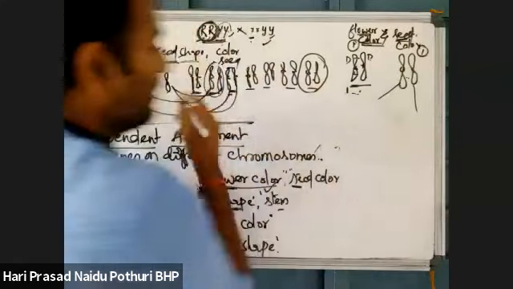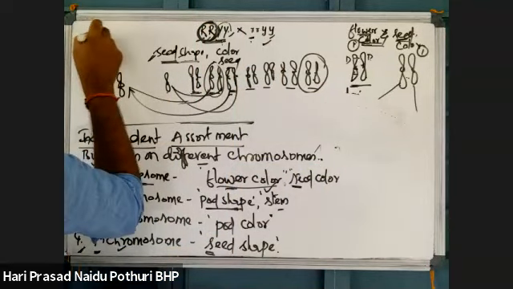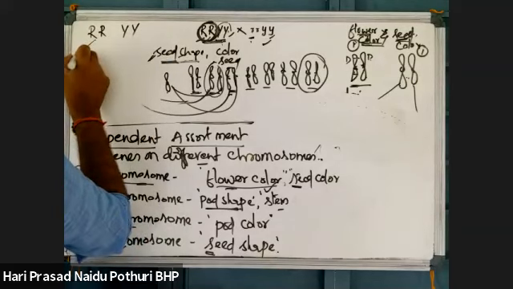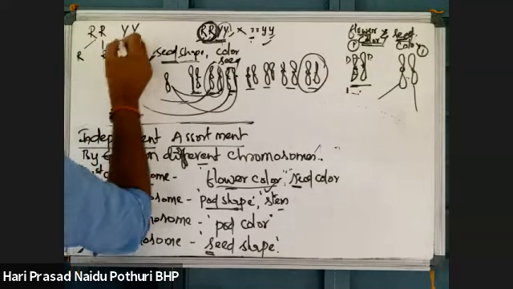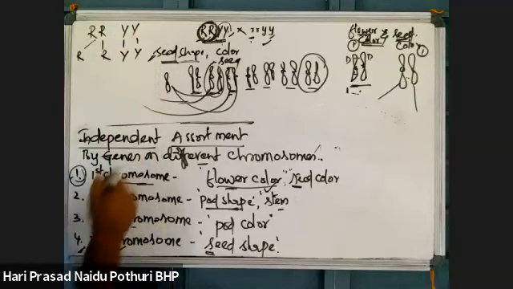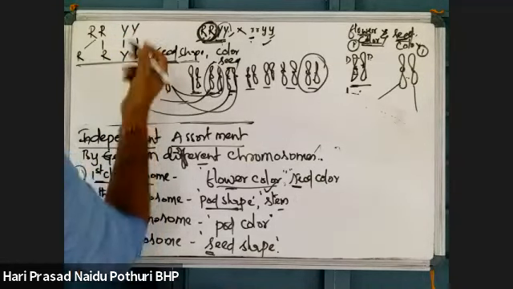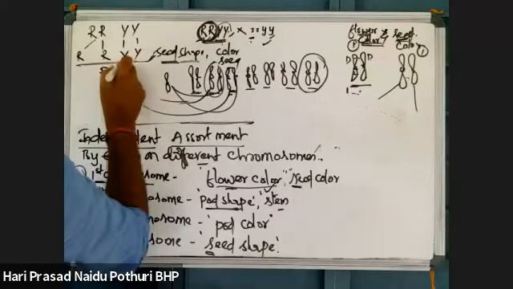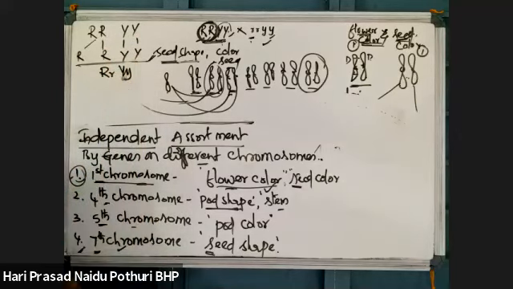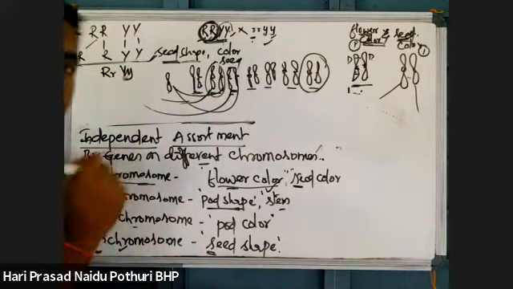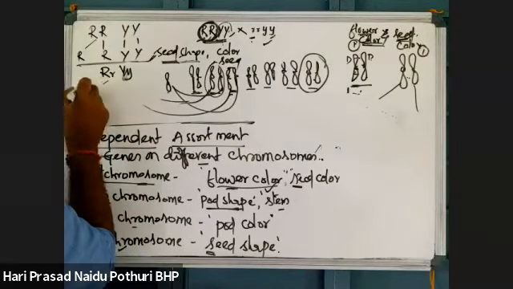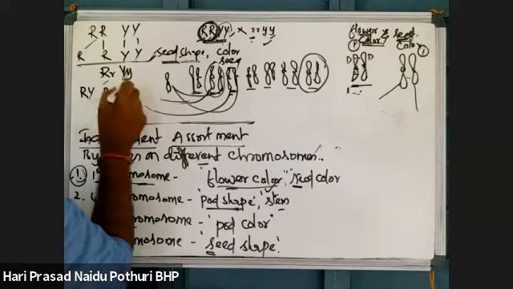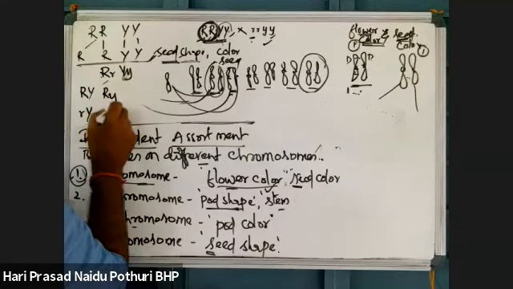Usually, what is happening here? R, Y means 50% gametes have capital R, 50% gametes have capital Y. Similarly, in the F2 generation, when the F1 plant is capital R, small r, capital Y, small y, and it self-pollinates, there is formation of capital R capital Y, capital R small y, small r capital Y, small r small y.